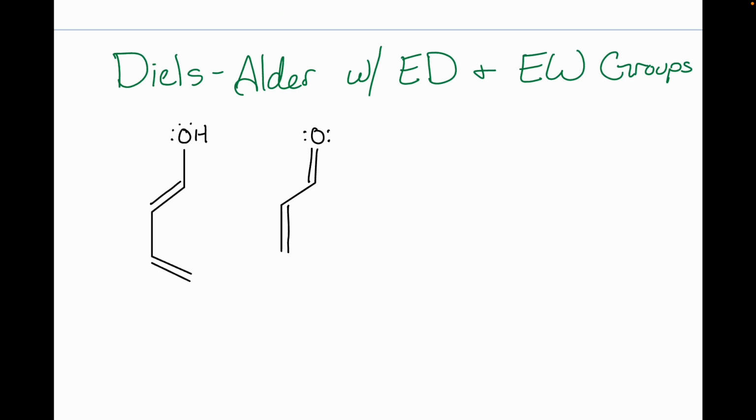So first of all, just for the sake of practice, everybody take a second and draw me the product of this reaction here. Close up that 6-membered ring, give me my Diels-Alder product.